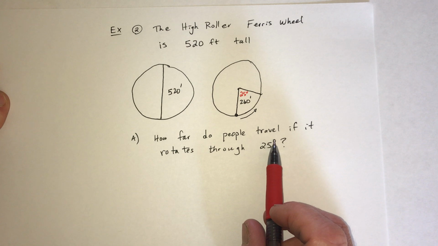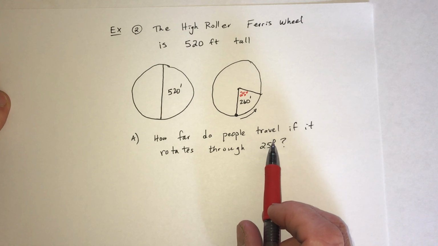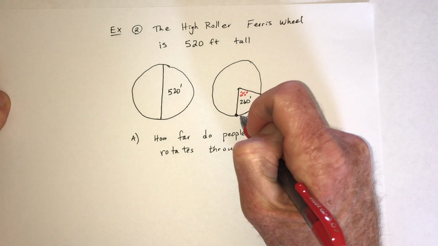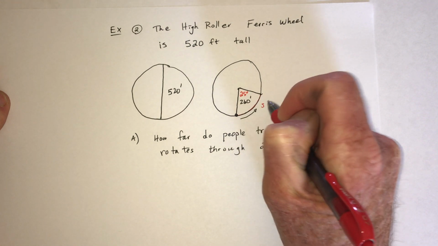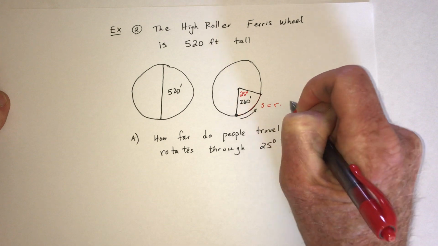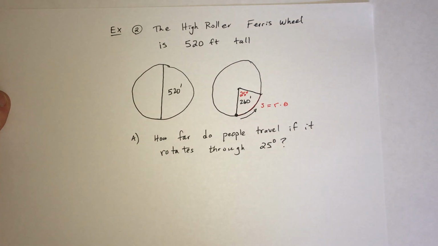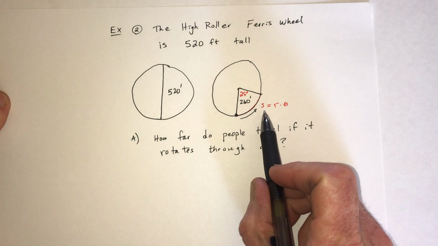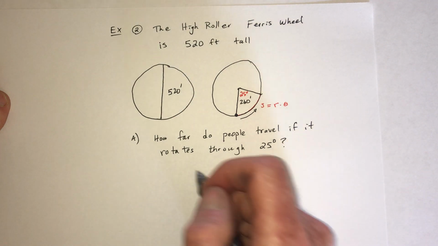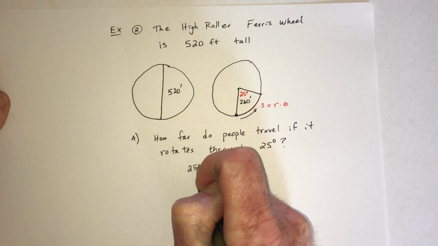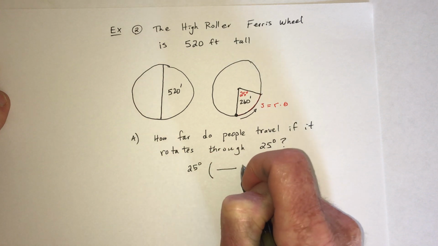So it's either asking for arc length or it's asking for area. Well, since the people are traveling along the outside of it, that's asking for arc length. And I prefer to use this little easy formula that arc length is equal to r times theta, as long as the theta is in radians. So first of all, change 25 degrees to radians.